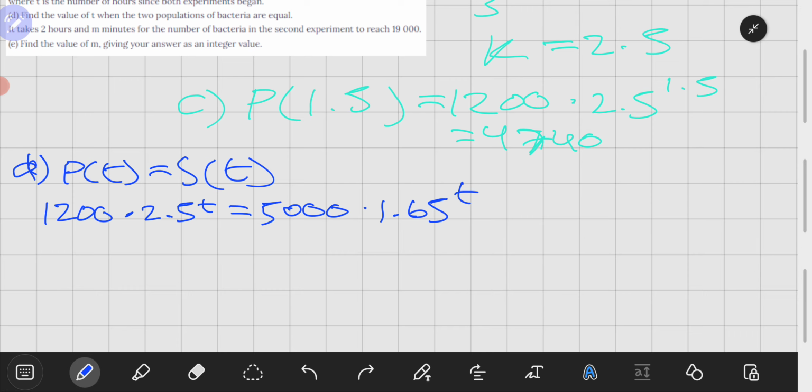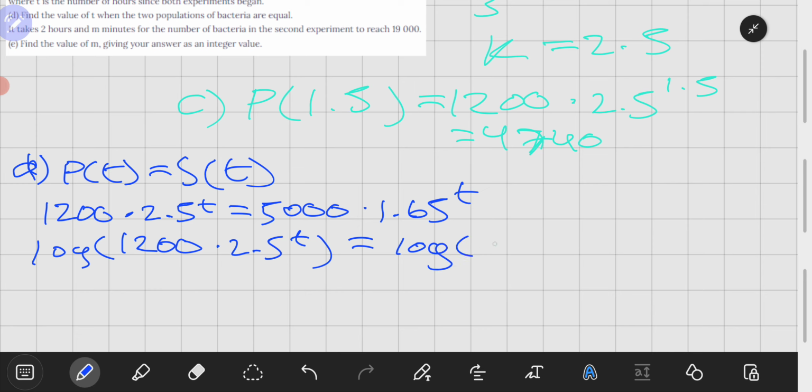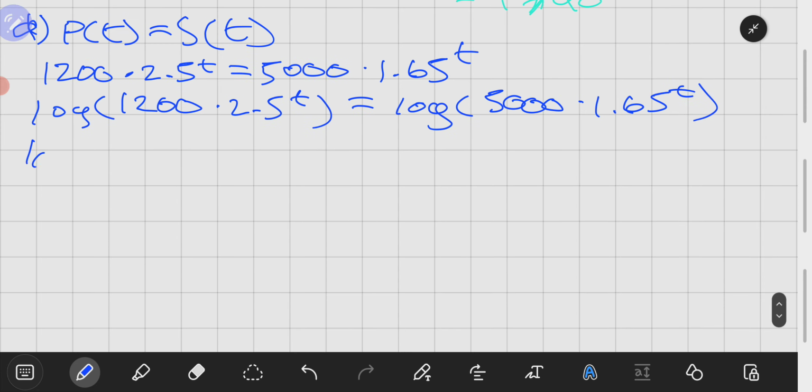Okay, so if we start by taking the logarithms of both sides, log of 1200 plus T times log of 2.5 equals log of 5000 plus T times log of 1.65.